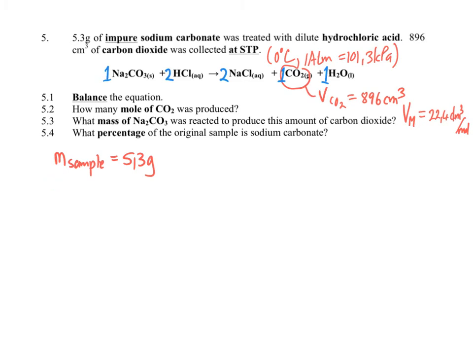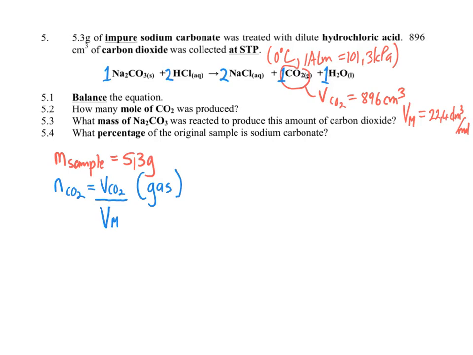So we are going to work with the number of moles of CO2 is the volume of the gas, CO2, over the molar volume. Now, it's critical to remember that you can only use this formula for gases.